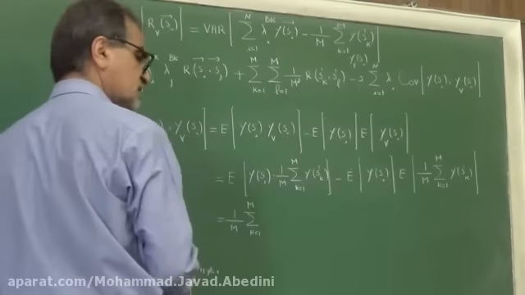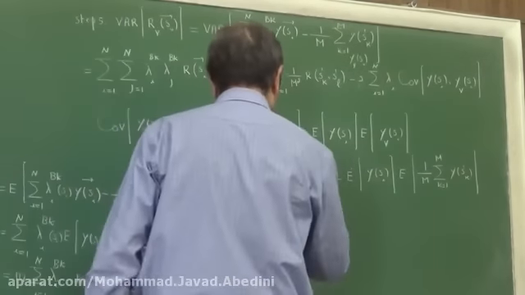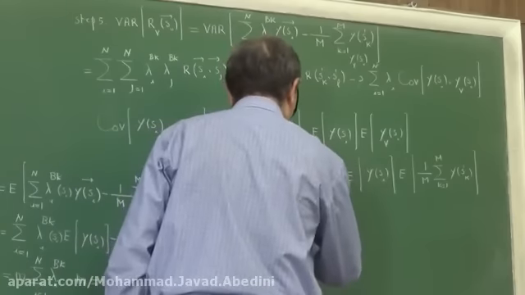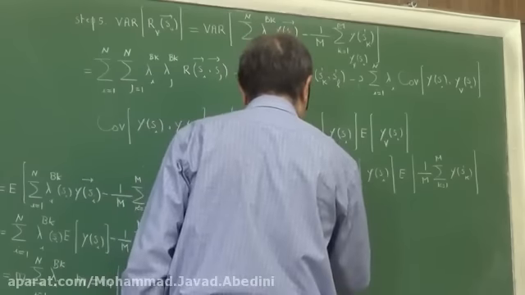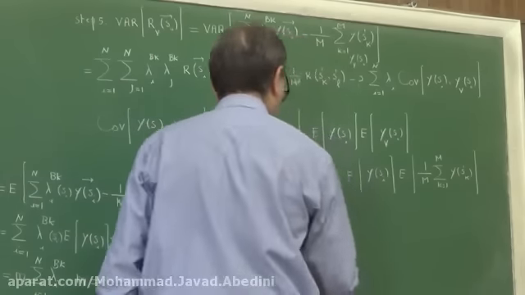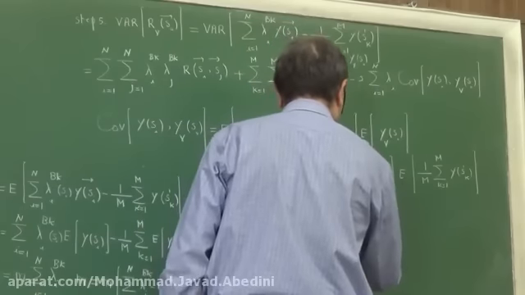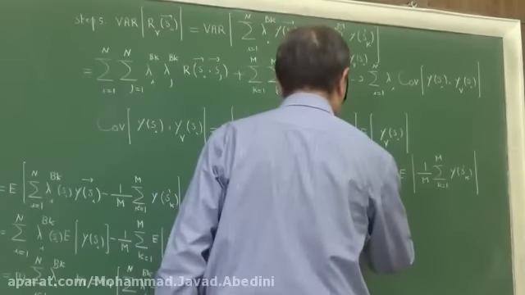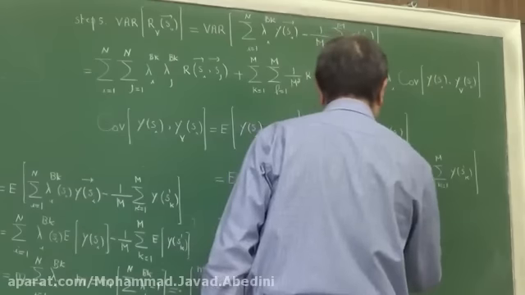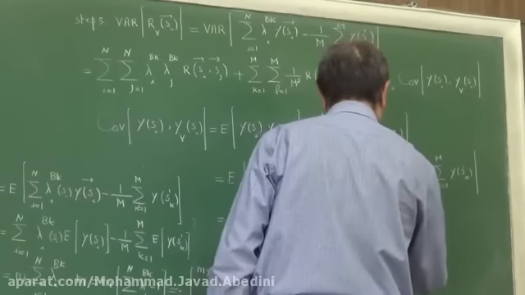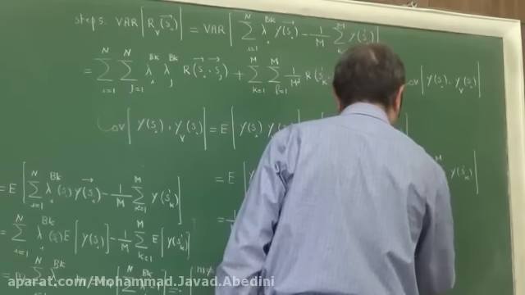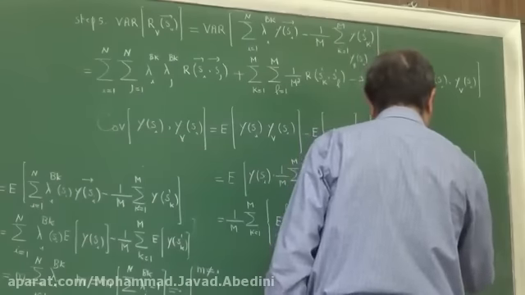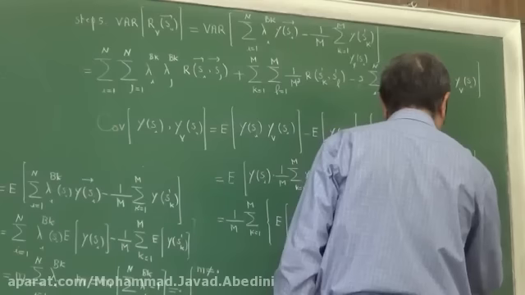I factor out this because it is coming in both terms, and then I can write this expected value of, minus expected value of y at si, expected value of y at s prime of k.